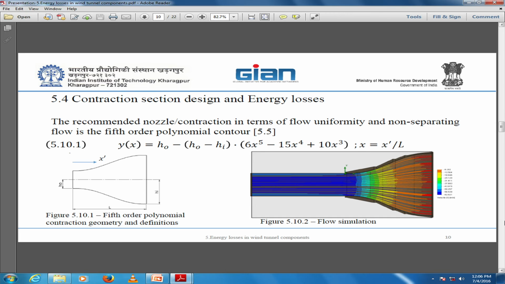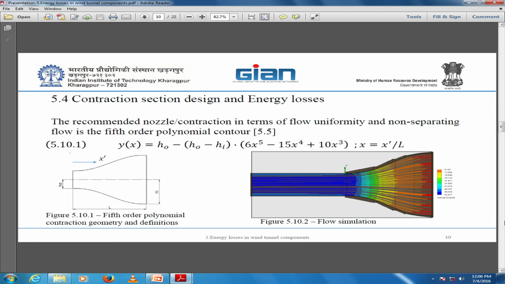Yesterday I found it, so I corrected it. x is actually x prime over L, where x prime is the physical dimension, and x is non-dimensional. So x is between 0 to 1.